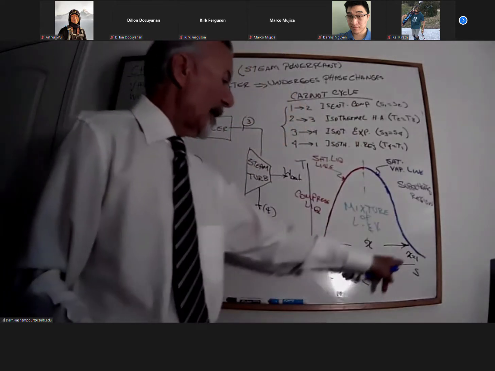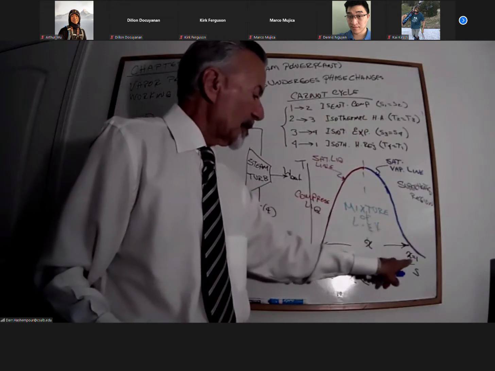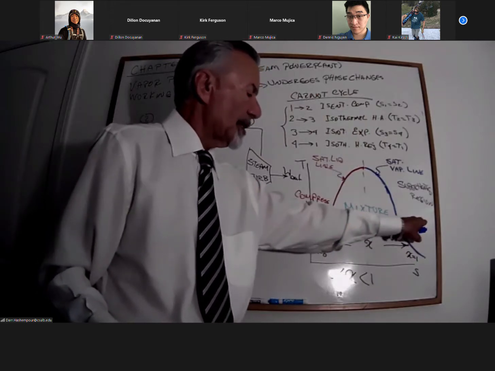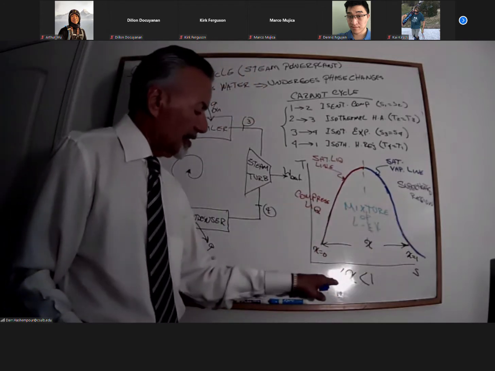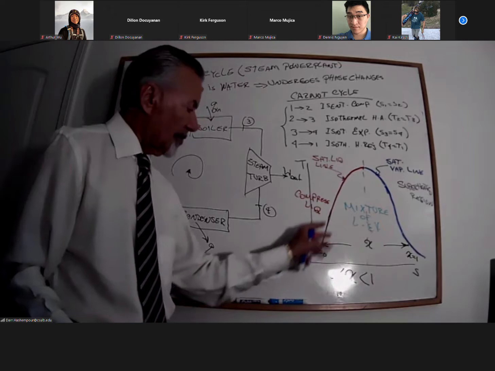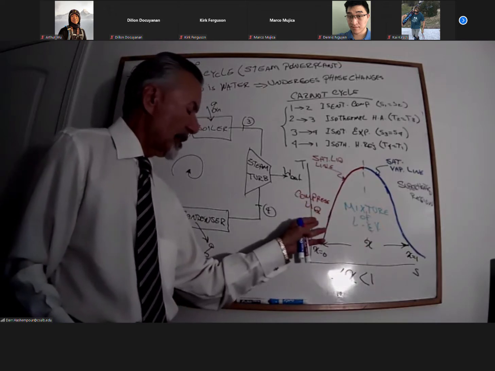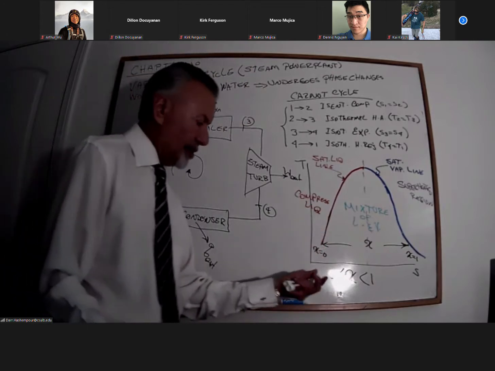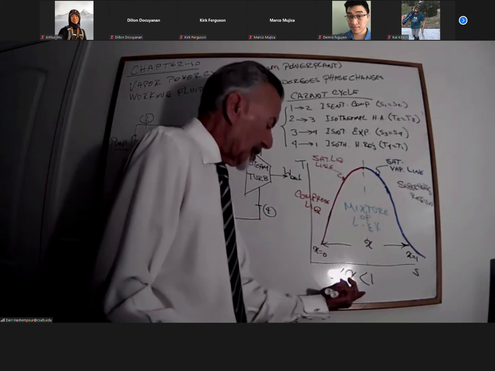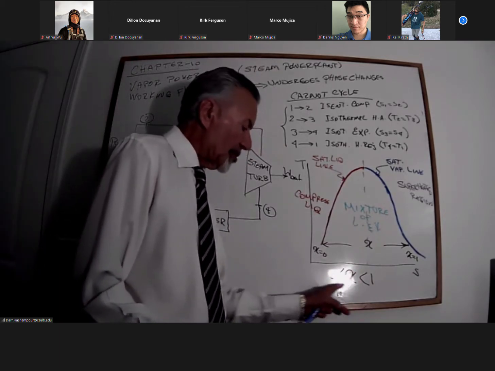Obviously, if X is greater than 1, that means the point is in the superheated region. If X is less than 0, that means the point is in compressed liquid. At that time, we don't have a mixture. So the only time that we have a mixture is when X is between 0 and 1.